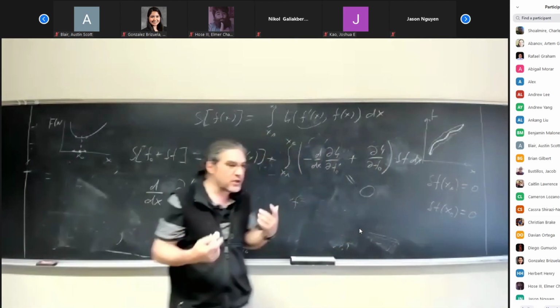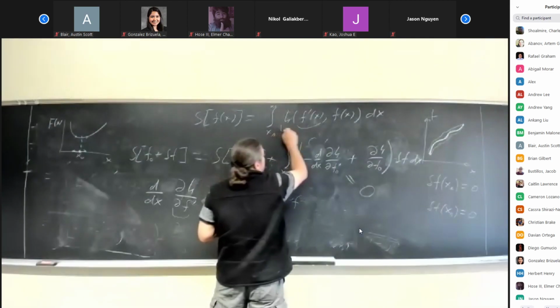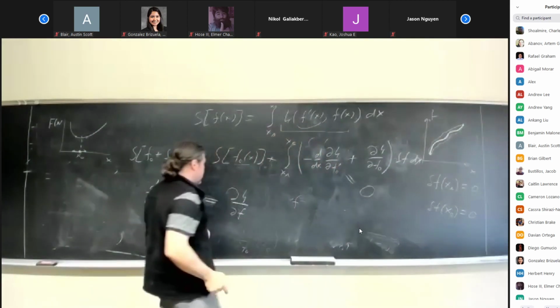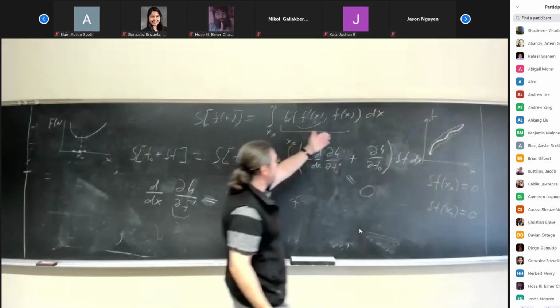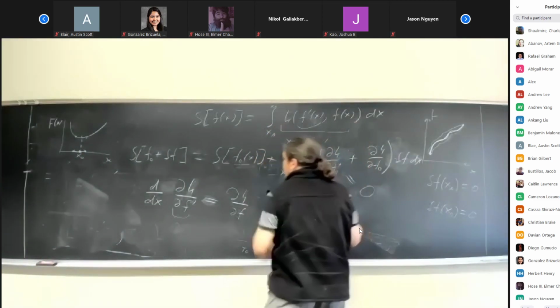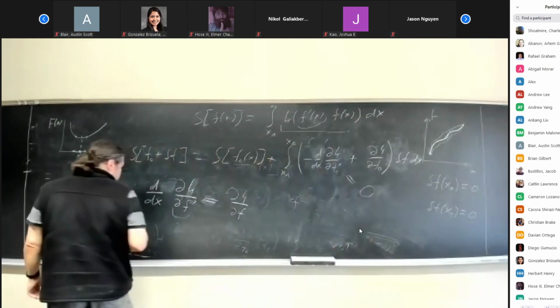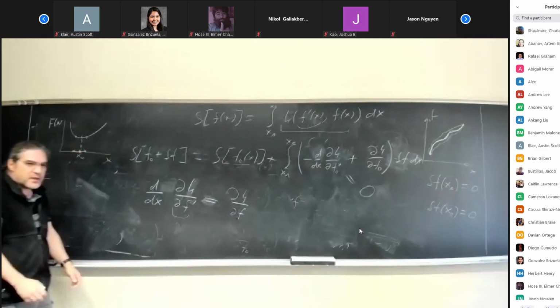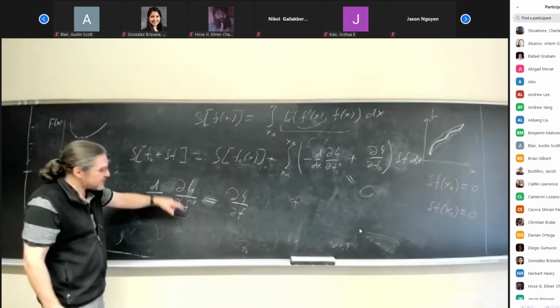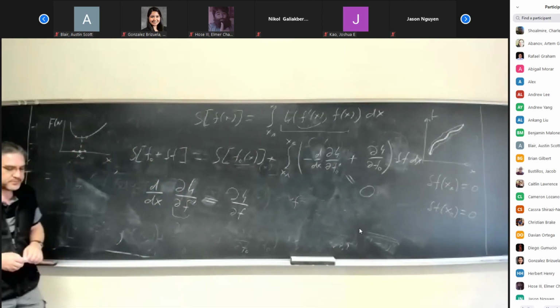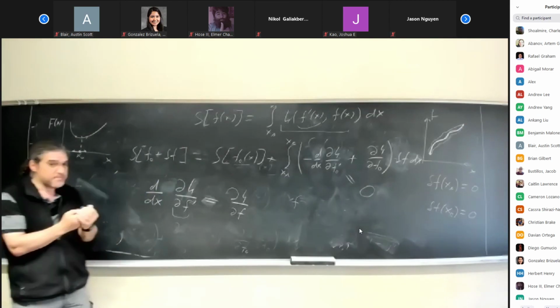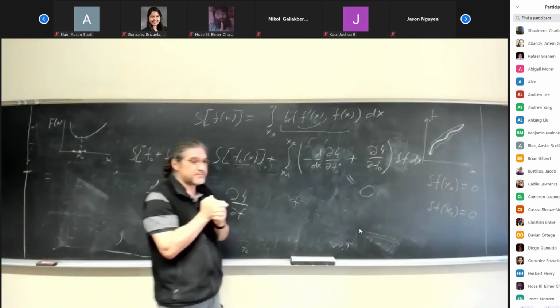Again, the only thing I need to know is this function L. If my functional has this form and I know L, I can immediately write the differential equation for the function which provides the minimum. Okay? Any questions?